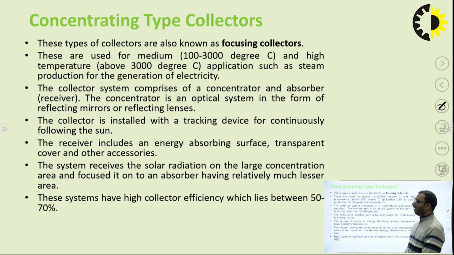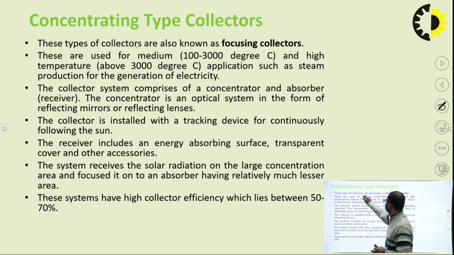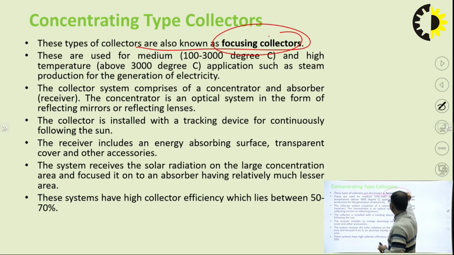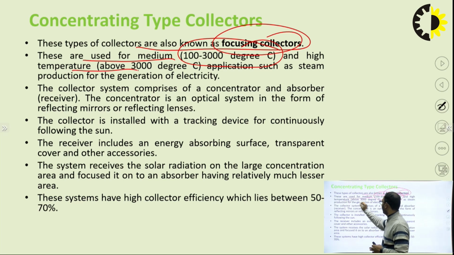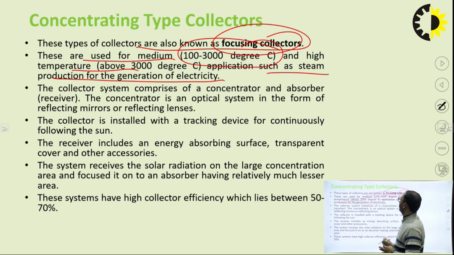Now, I will discuss what concentrating type collectors are. These type of collectors are also known as focusing collectors. These are used for medium temperature applications where temperature is 100 to 3000 degrees Celsius and high temperature applications above 3000 degrees Celsius, such as steam production for generation of electricity.